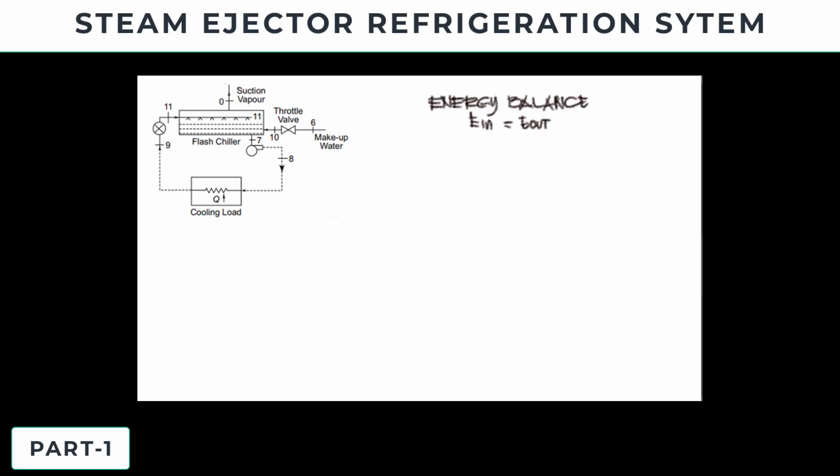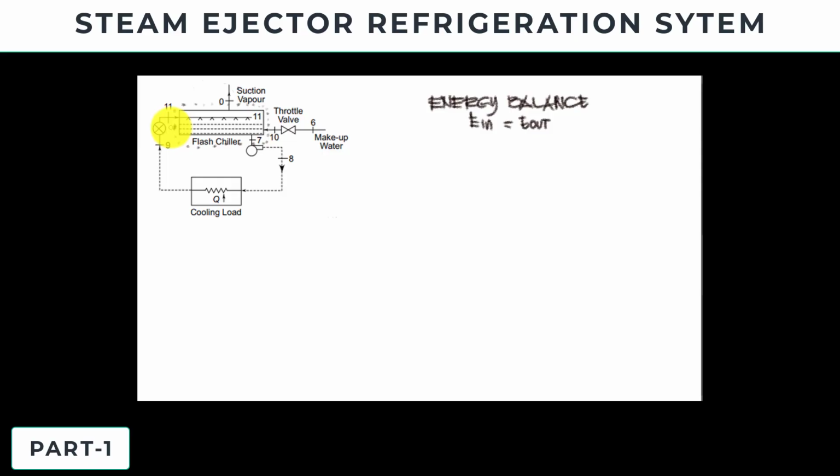We have here energy in and energy out, so an energy balance. So what is entering the flash chiller? Let's isolate the flash chiller chamber. That will be what is entering and leaving the system.